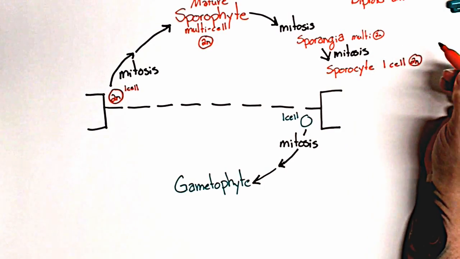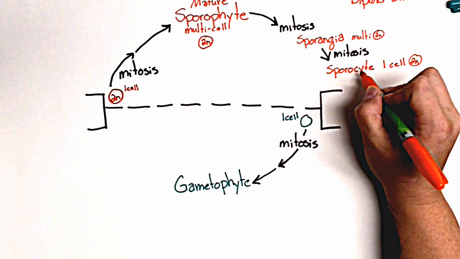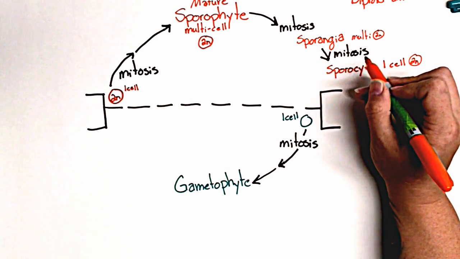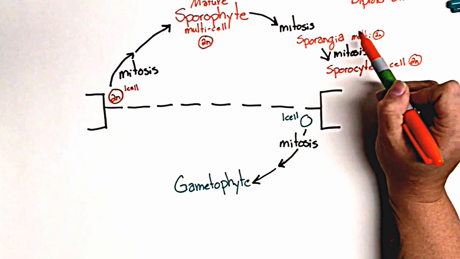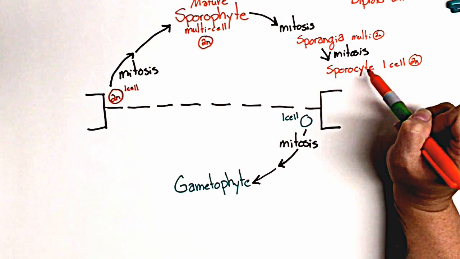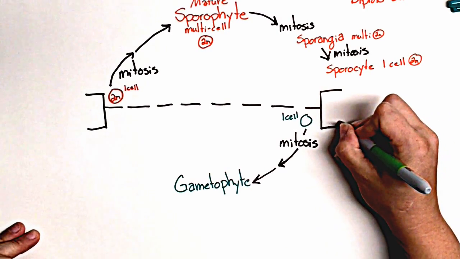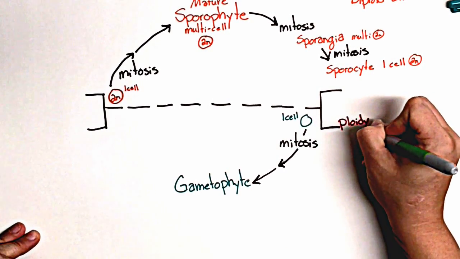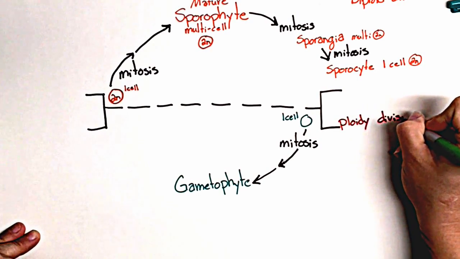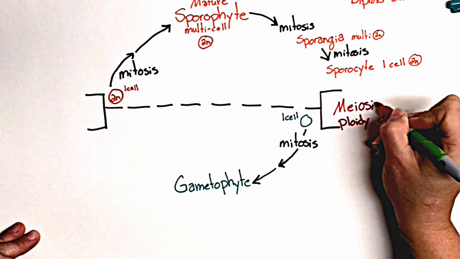That's called a sporocyte, and that means it's going to create spores. It's one of the cells within the sporangia that is going to become a sporocyte, and it's going to undergo the process of ploidy division, which is called meiosis. Right?